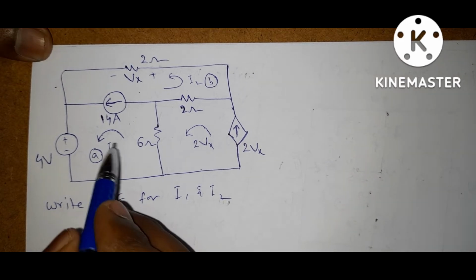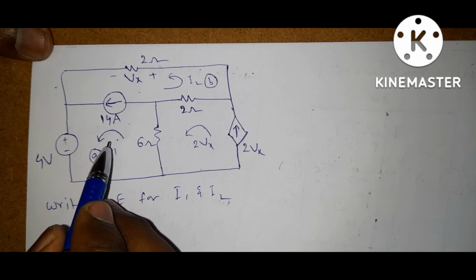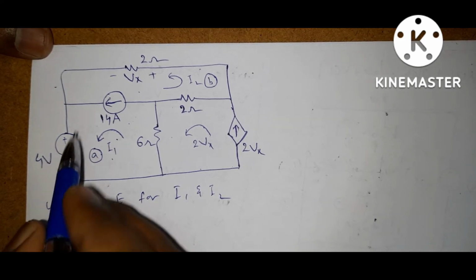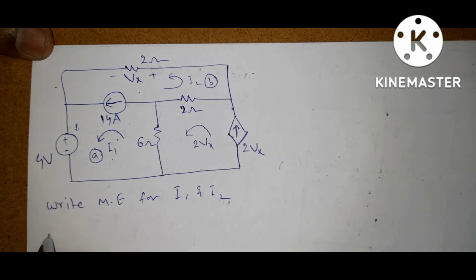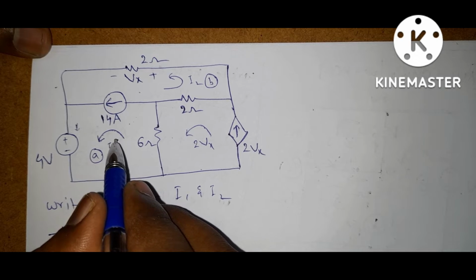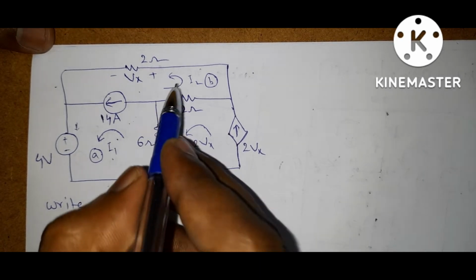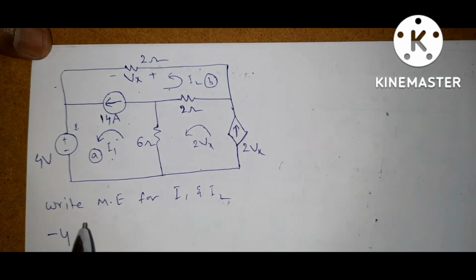Coming to this loop, there is only one voltage source, and there are no other voltage sources. The current enters the positive terminal of this voltage source, so it is -4. There is no voltage source associated with loop B, so it is 0.